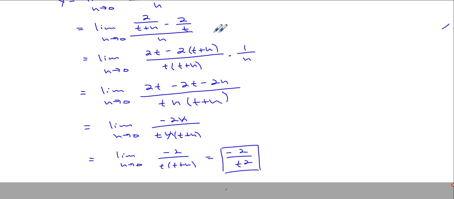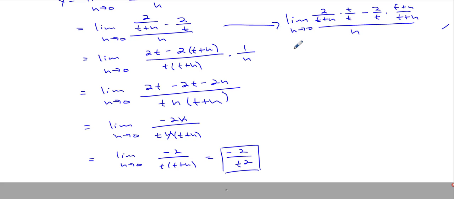Now, if you need to, do this. If you're still struggling to get it correct, do this. 2 over t plus h, right? This needs t over t, so I'll go t over t minus 2 over t times this one needs t plus h over t plus h, right? All over h still.